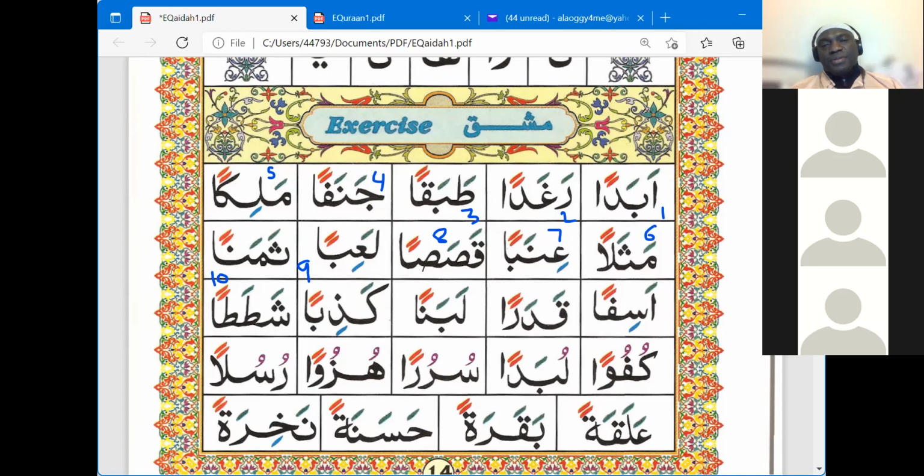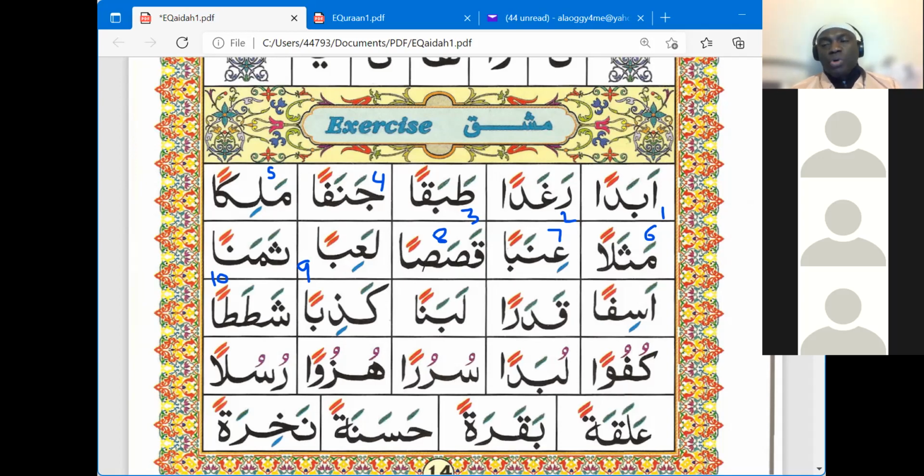Number 5, malikan. Number 6, mathalan. Number 7, inaban. Number 8, kozozon. Number 9, laiban. Number 10, thamanan.